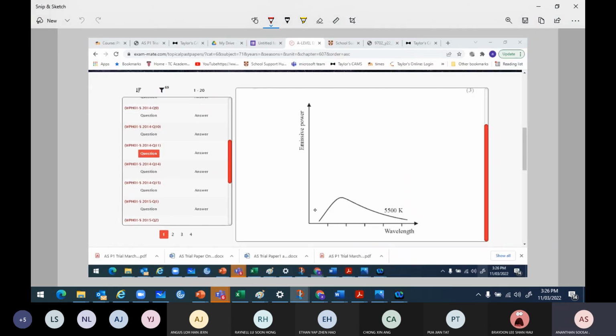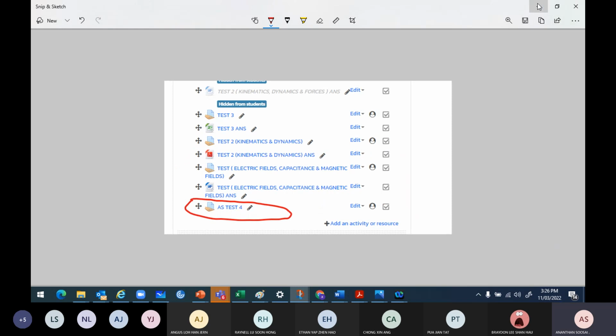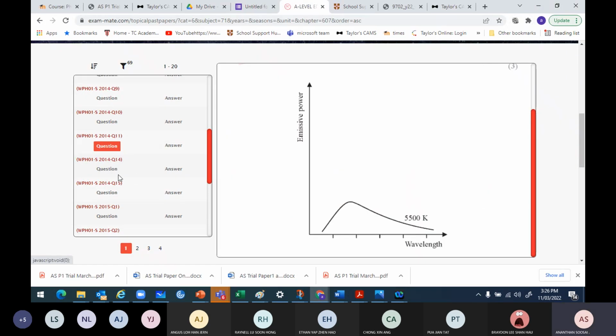For 6,000, of course, the power is getting greater, but the peak is going to the left. This should be for 6,000, and 5,000 is somewhere here, with the peak like this. So this is for the 5,000. Remember Wien's law and the graph.